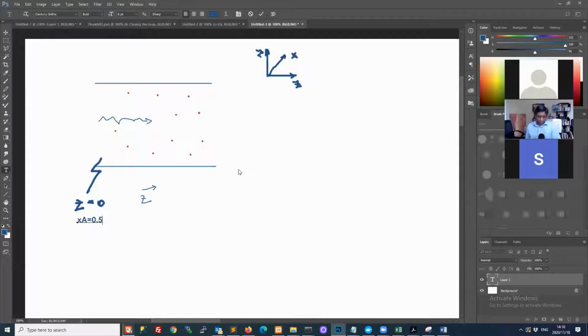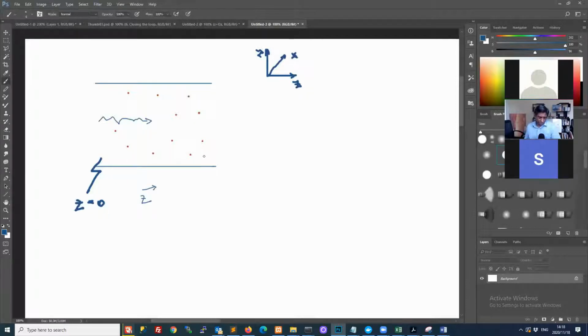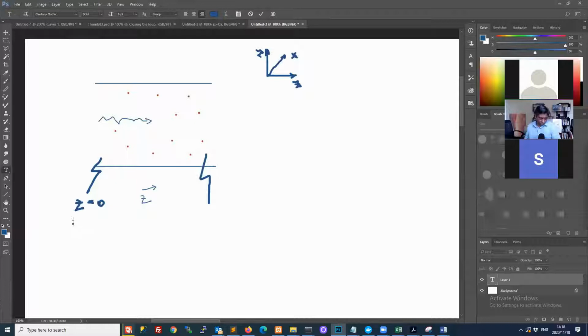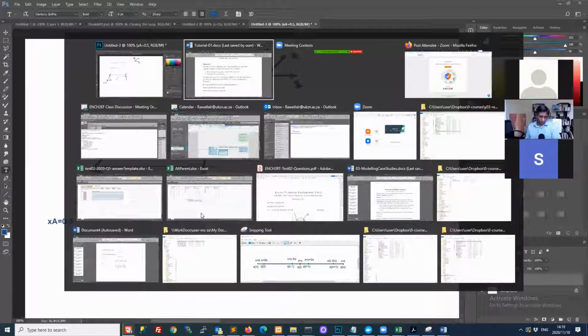Okay, so that's one piece of information, and then the other one is that we've got some point at some distance along. So this is XA equals 0.5, and then we've got a different point here.